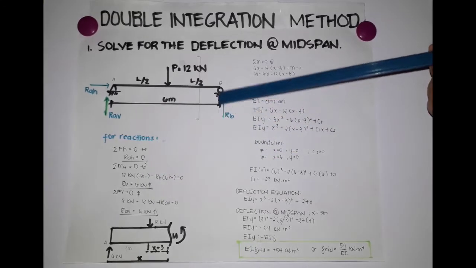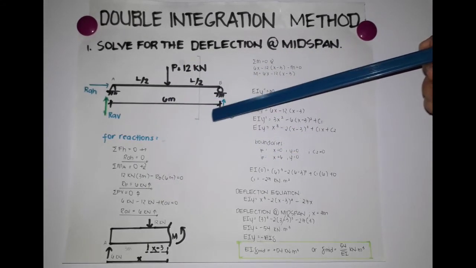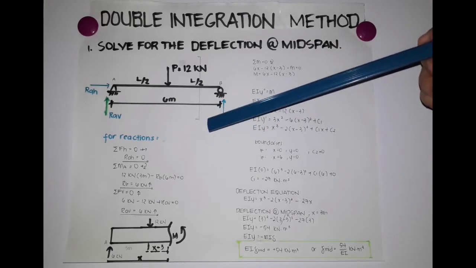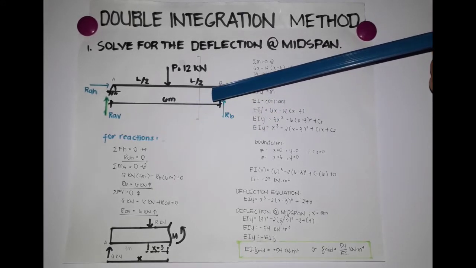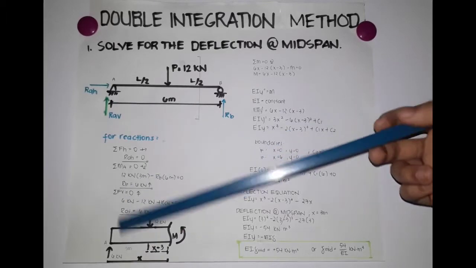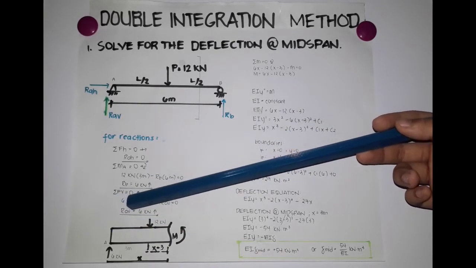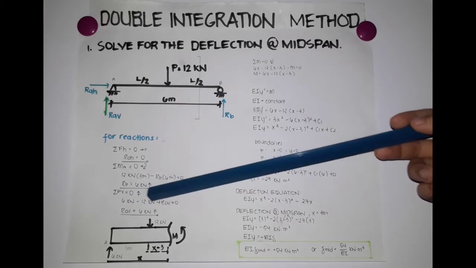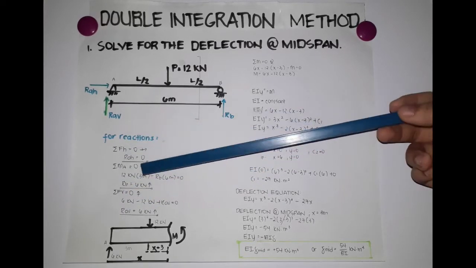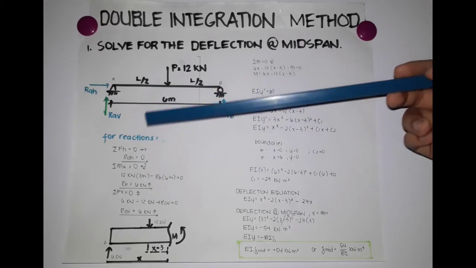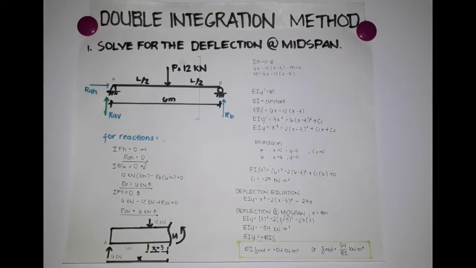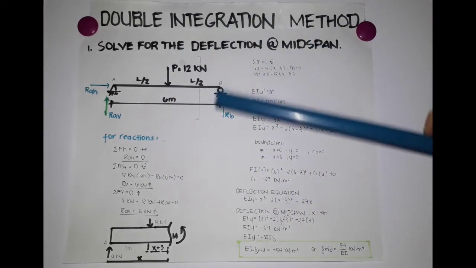Negative kasi pa-counterclockwise. And pag kinompute, reaction at B is equal to 6 kilonewton upward. Since positive, that means tama yung assumed na direction natin for reaction B.